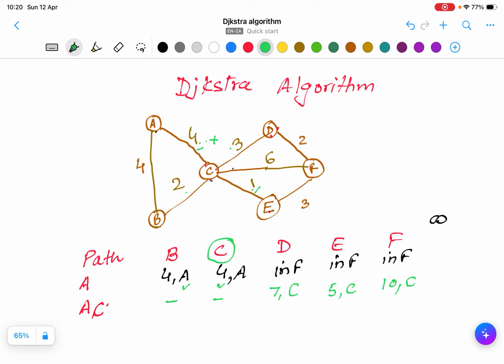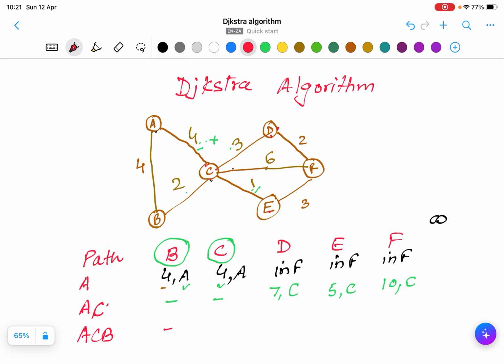Now out of all these nodes, you have to find out which one has the minimum cost. So the minimum cost is with B, 4, because B is already discovered. So it will be A, C, B. We have to discover all the nodes, and when we see that there is a redundancy, we have to remove that node. If we are using B as the route, for B it will remain the same.